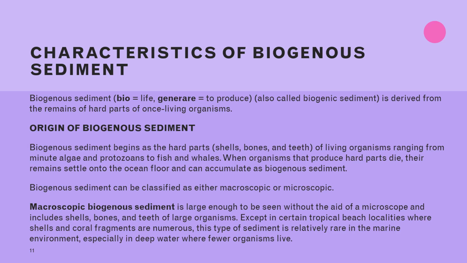Macroscopic biogenous sediment is large enough to be seen without the aid of a microscope and includes shells, bones, and teeth of large organisms. Except in certain tropical beach localities where shells and coral fragments are numerous, this type of sediment is relatively rare in the marine environment, especially in deep water where only few organisms live.